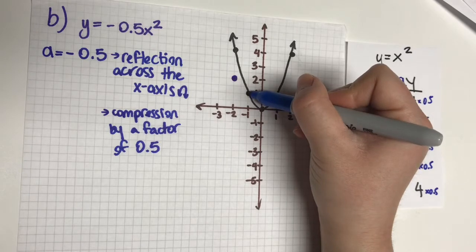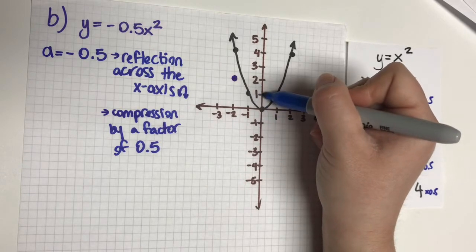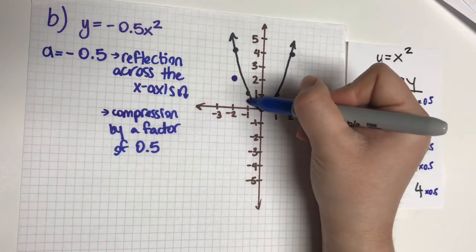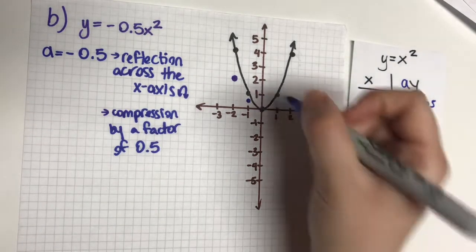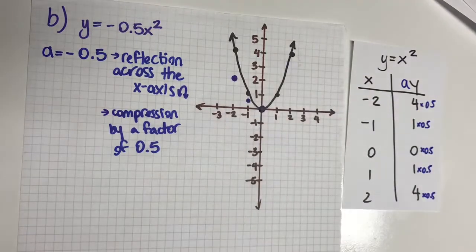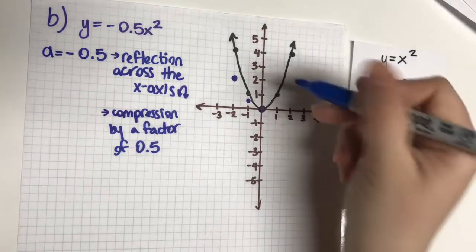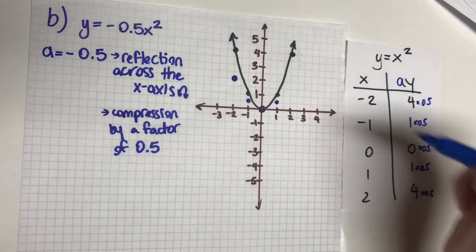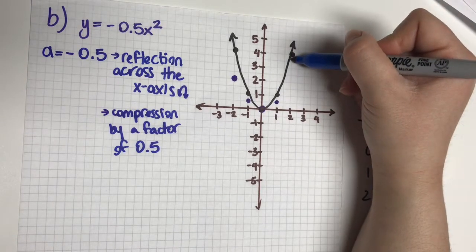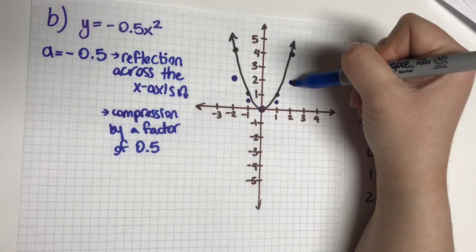So this 1 here it's not going to have a y value of 1, it's going to have a y value of 0.5. 0 times 0.5 is just 0, so it's going to stay in the same spot. 1 times 0.5, you'll notice the numbers are now repeating. And then 4 times 0.5. So instead of being at 4, I'm going to come down and it's going to be at 2.